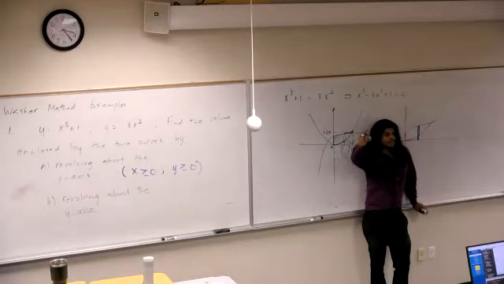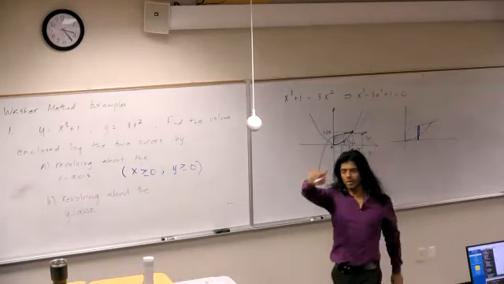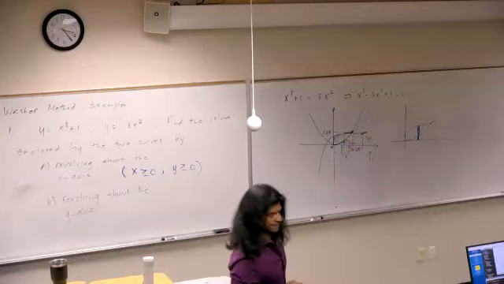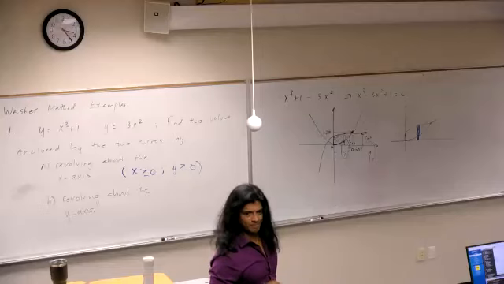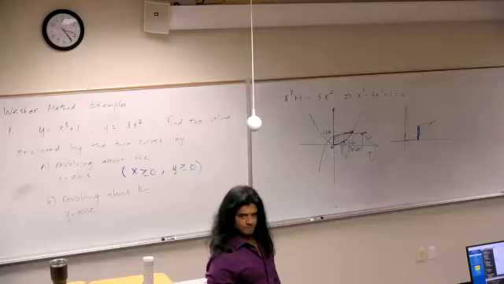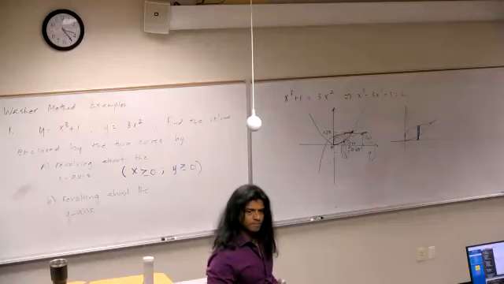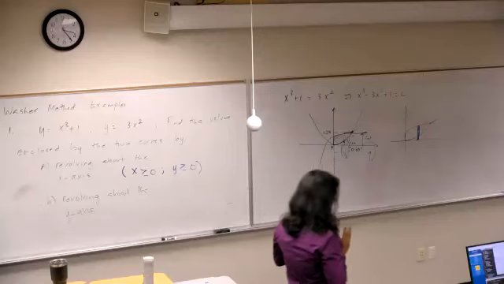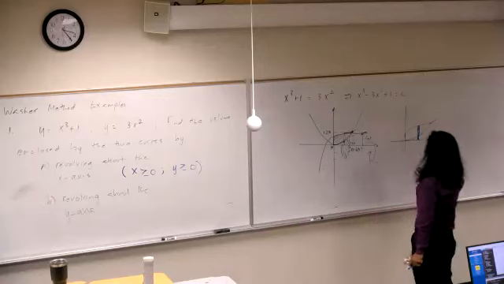You've got to pick one. X. What's your name? I forget. Noah. So why dx? Because we're revolving around the x-axis, and since the strip is going vertical, it's the thickness, so we take dx.